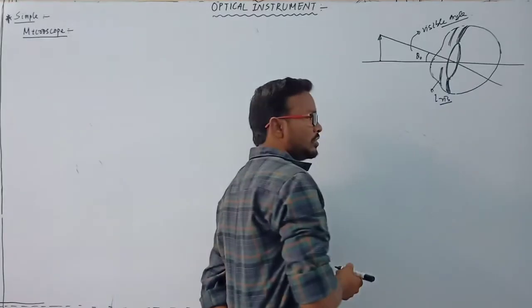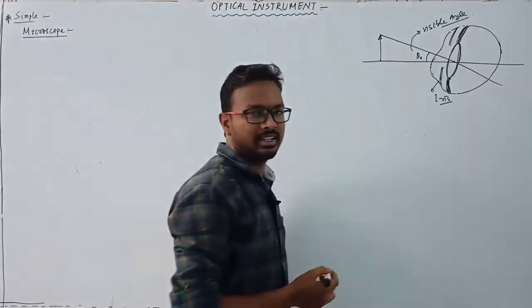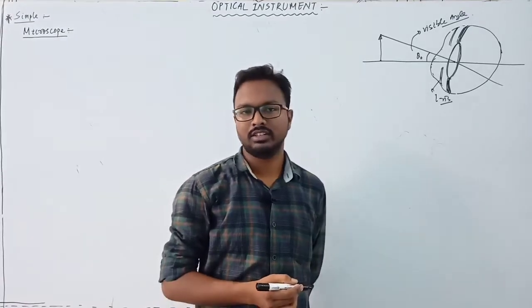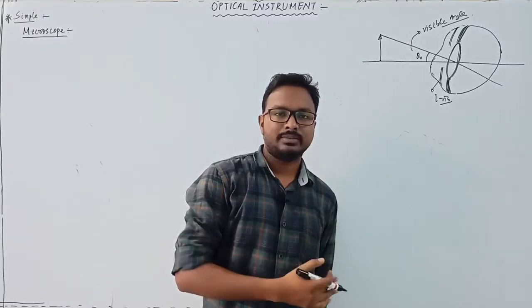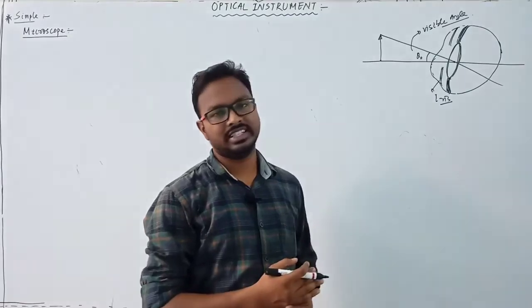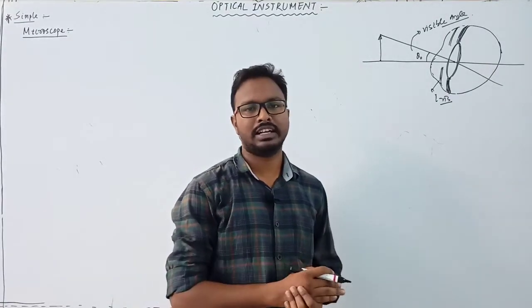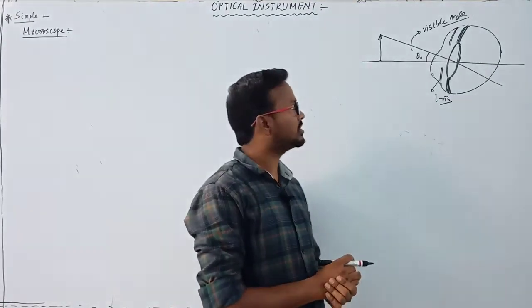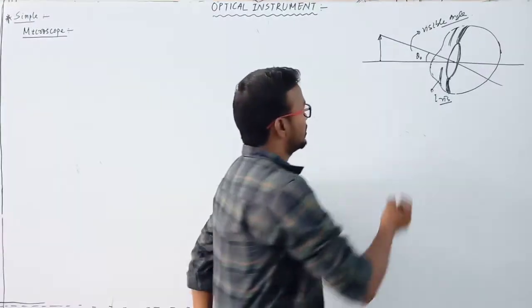Visible angle. We already know what is distinct vision, the least distance of distinct vision. That means the minimum distance at which a normal eye is able to see, and at that time we use the distinct vision concept.